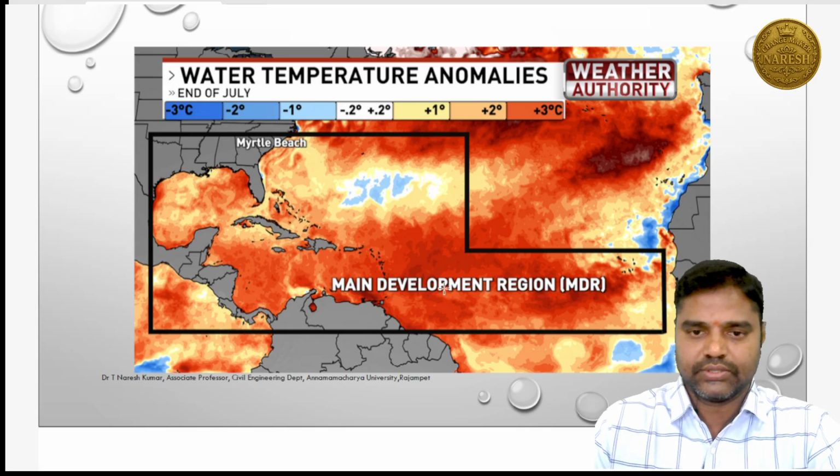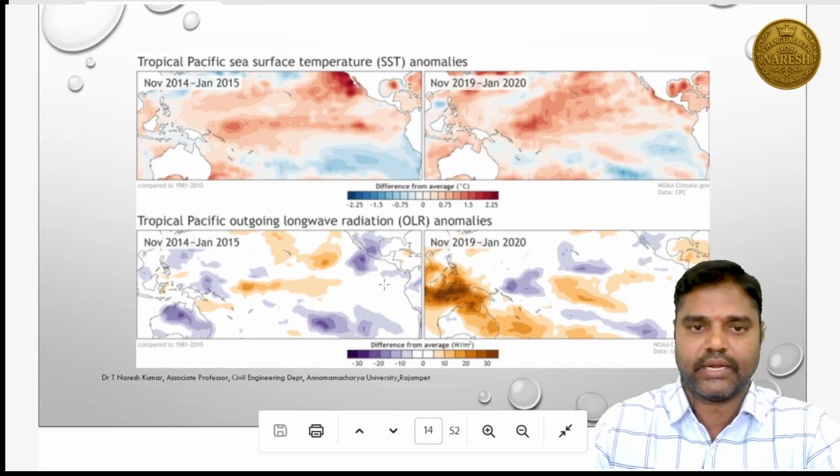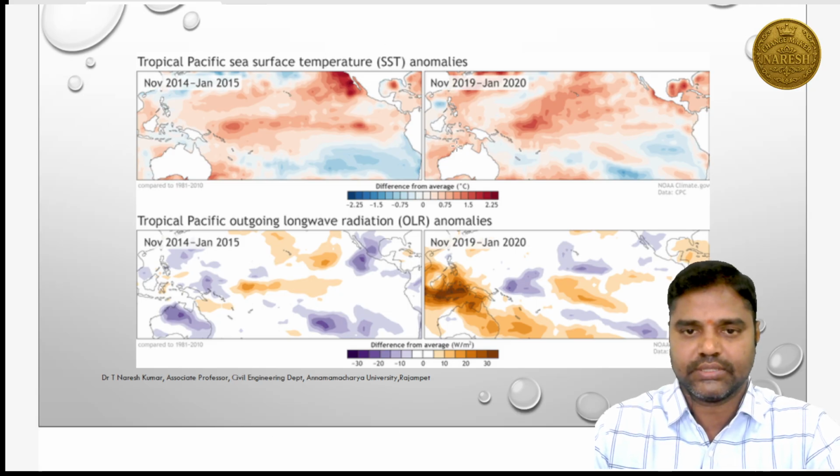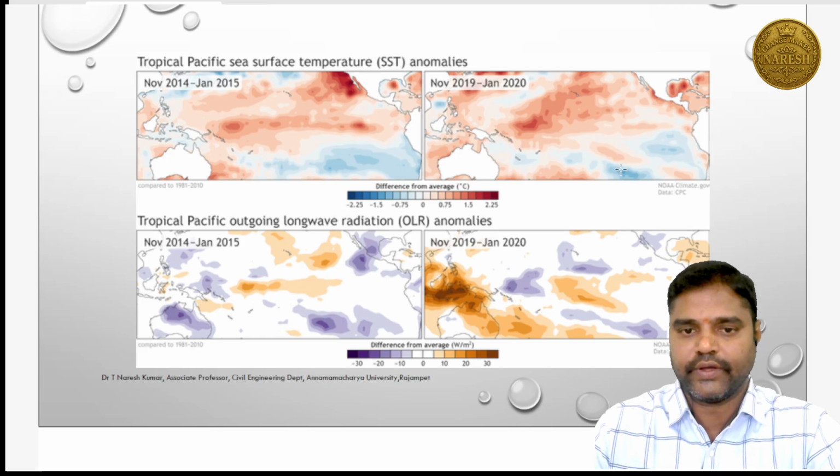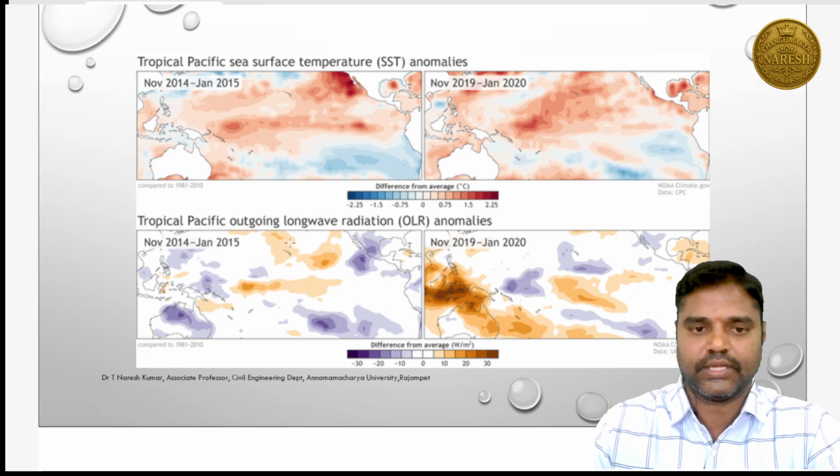This is the tropical Pacific surface temperature anomalies, near Australia. Beside this, we have big oceans, where the temperature difference from the average will be 2.25. And here we'll have minus 2.25, where a very cool temperature will be there.